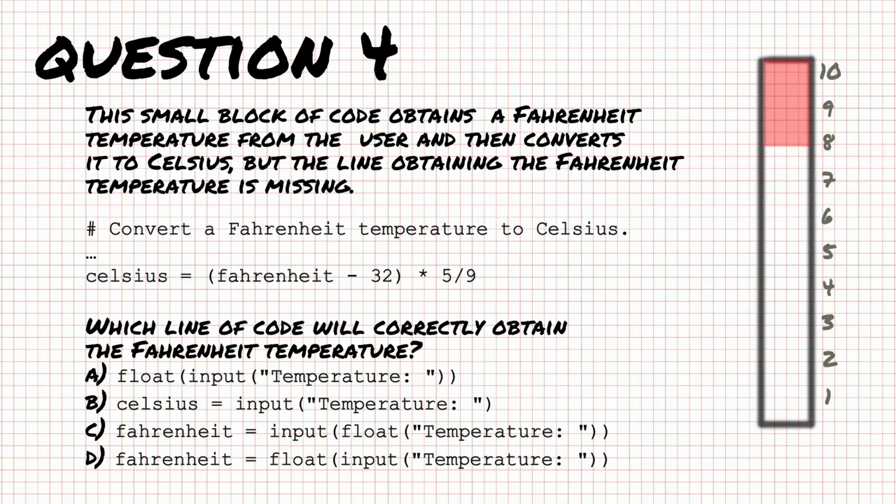Is it A, float(input("temperature")), B, celsius = input("temperature"), C, fahrenheit = input(float("temperature")), or D, fahrenheit = float(input("temperature"))?